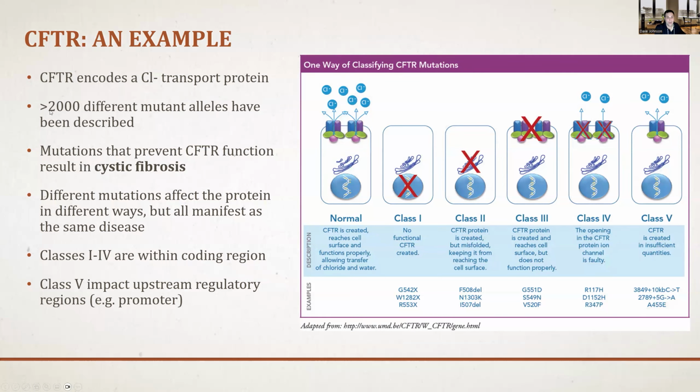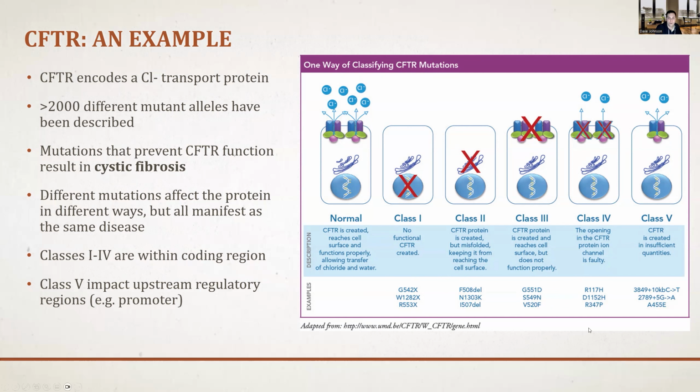There are about 2,000 different mutant alleles that have been discovered, which means different mutations in the DNA. But they all kind of condense on a smaller group of mutations in the protein.